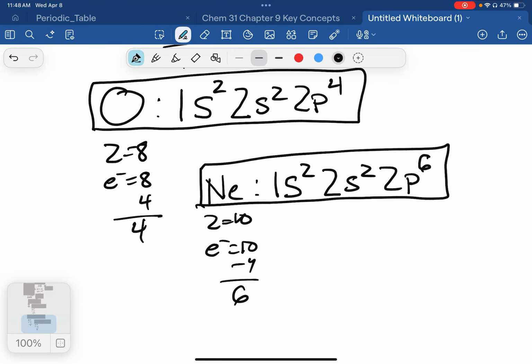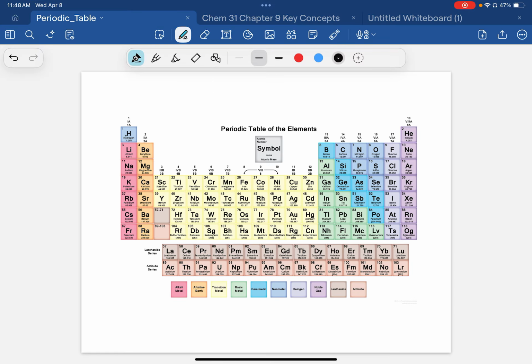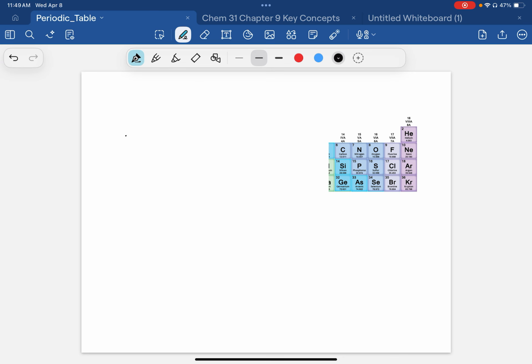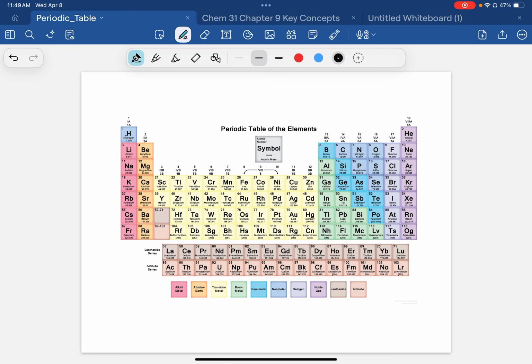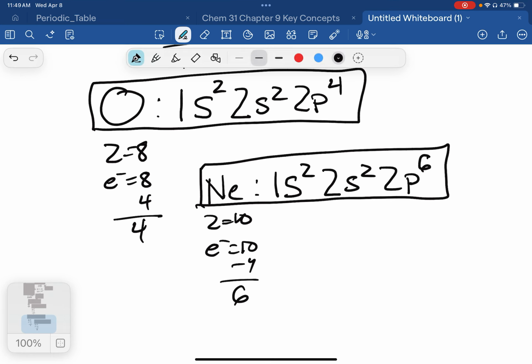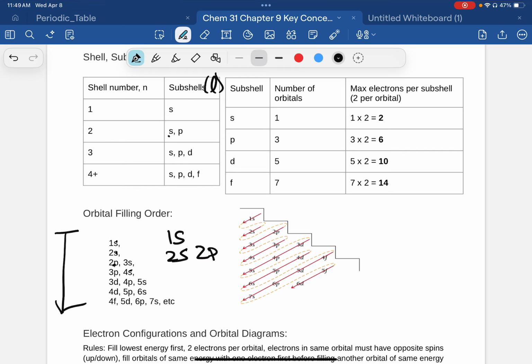Now, the thing to note on this one, and we talked a little bit about these noble gases being particularly stable and non-reactive. Notice they're all the way over here, and I want you to notice something. As we talked about this 1s shell holding 2, helium filled that entire 1s, and it's in this line. The other thing to note is that when you got to neon, it went 2s2, 2p6. If you look at what's in the 2 shell, it has s's and p's. The entire 2 shell is filled with all of the electrons.